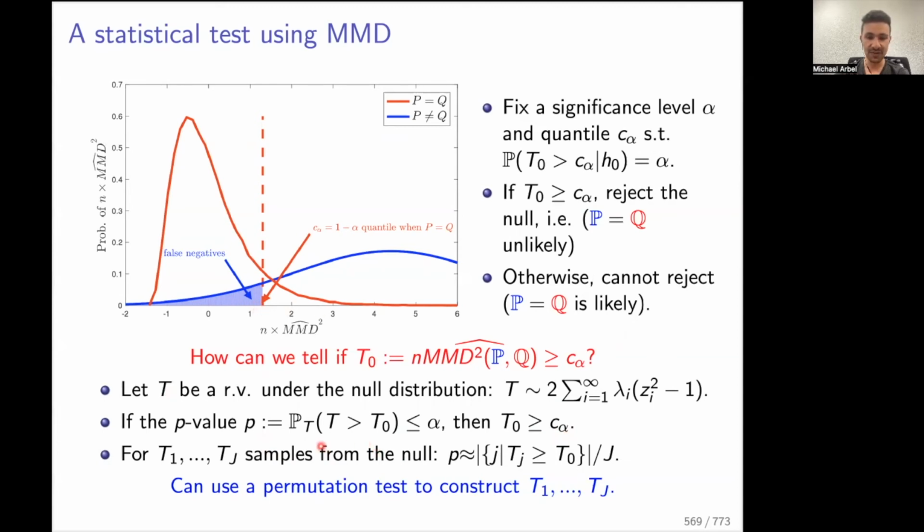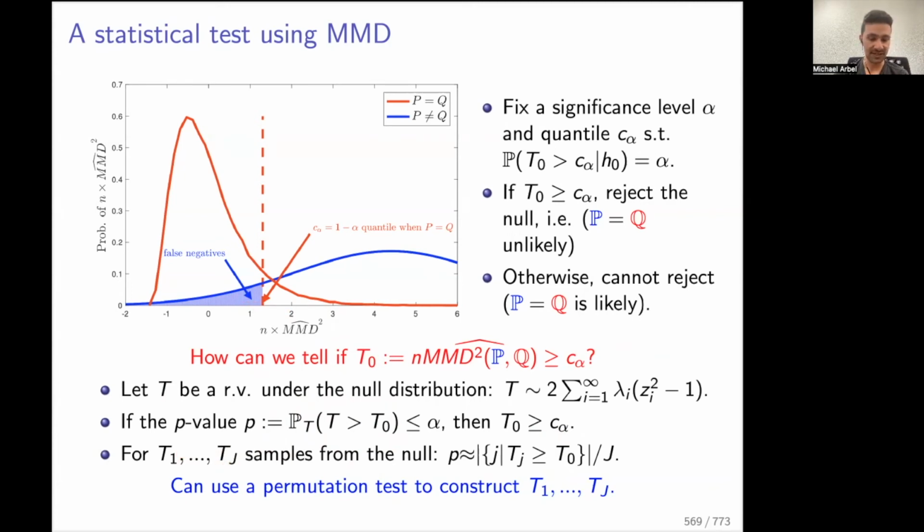So because of that, all we need to do, in fact, is just to estimate this p-value. We do not really need to estimate the quantile itself. We just need to estimate the p-value. And to estimate the p-value, well, we can try to sample from the red density multiple times. So J samples, for instance.